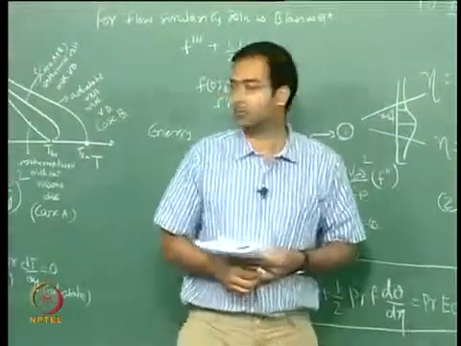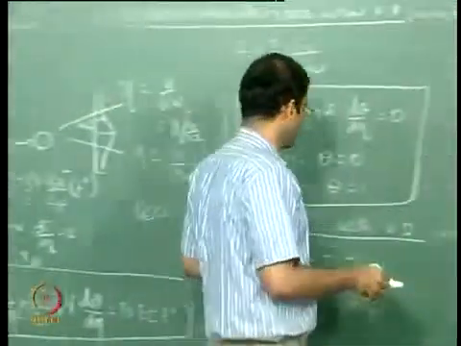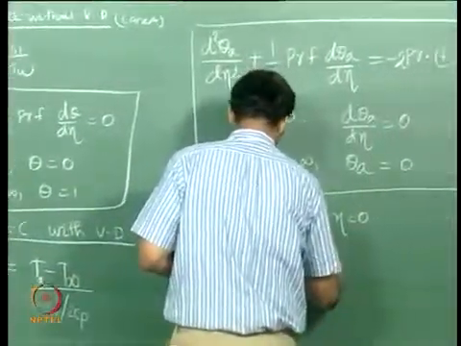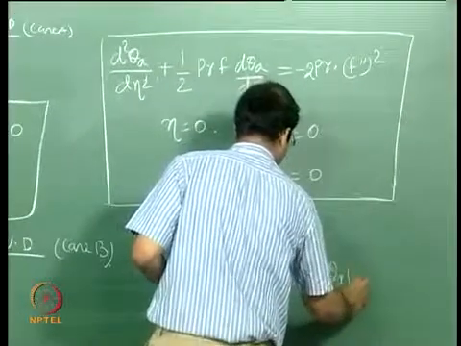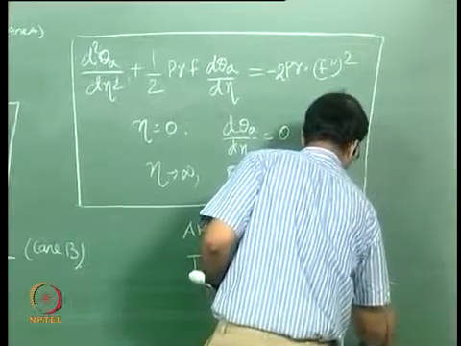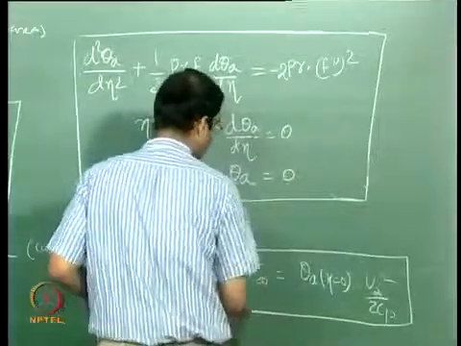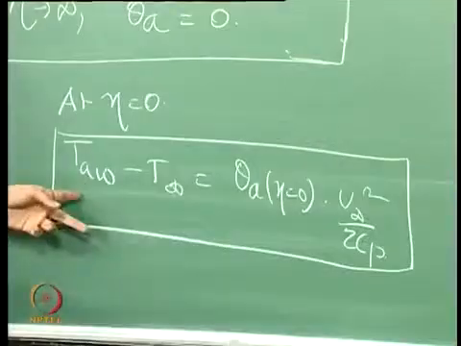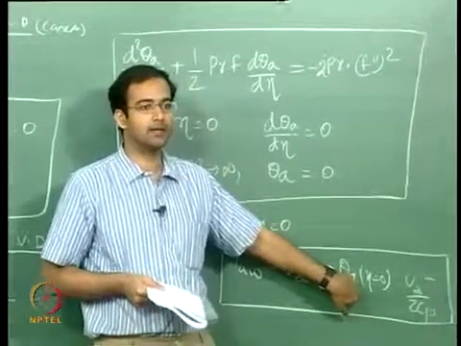That is nothing but the adiabatic wall temperature, right? So T adiabatic wall minus T infinity will be equal to theta_A at eta equal to 0 times u infinity square by 2 Cp. This is how I can calculate my dimensional value of adiabatic wall temperature once I know the value of theta_A at eta equal to 0.